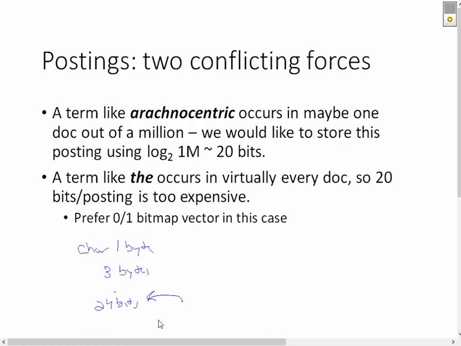Essentially what I just did is make it a little bit more complex. I'm going to have a little more processing to represent that document ID, because instead of just using the integer and keeping it simple, I create a bitmap, going from 32 bits down to 24. I'm saving myself an entire byte for every one of those posting entries.